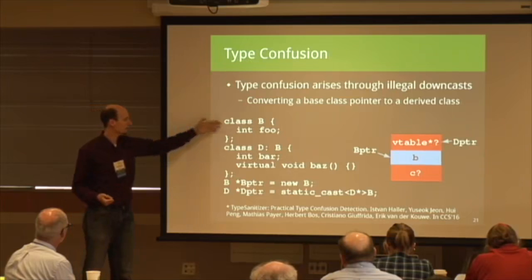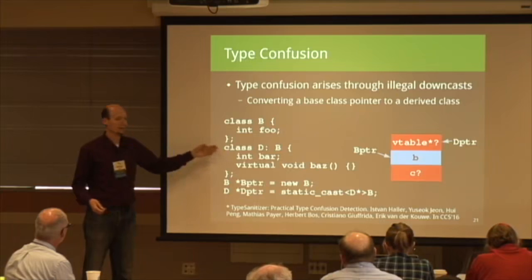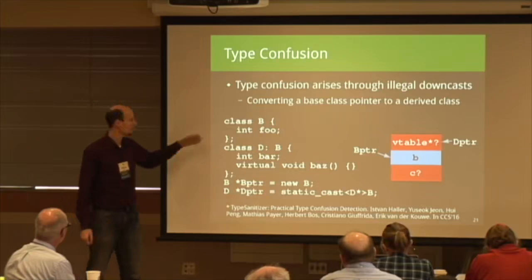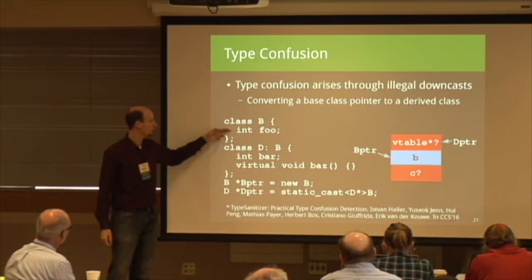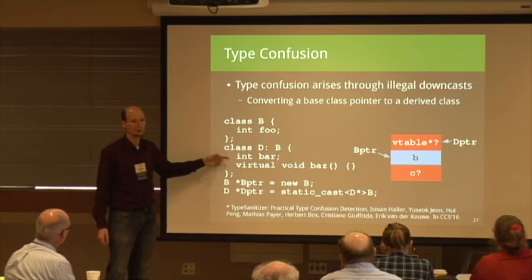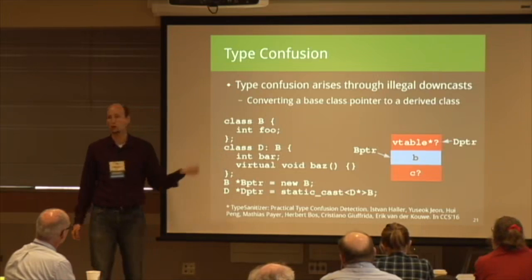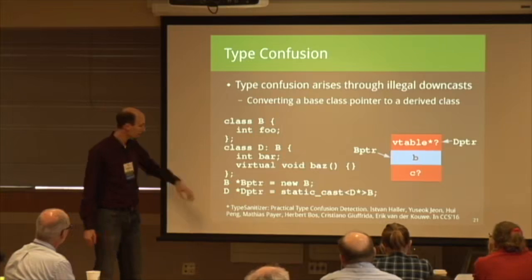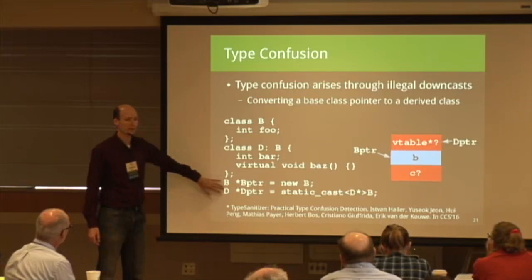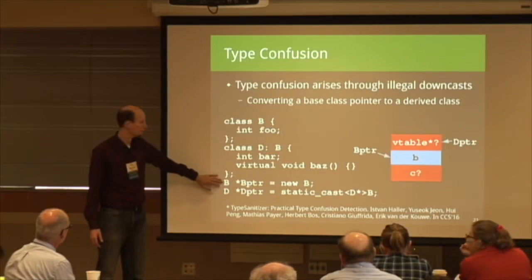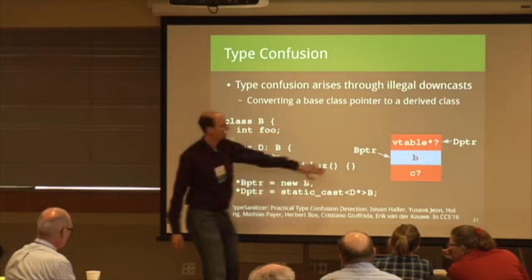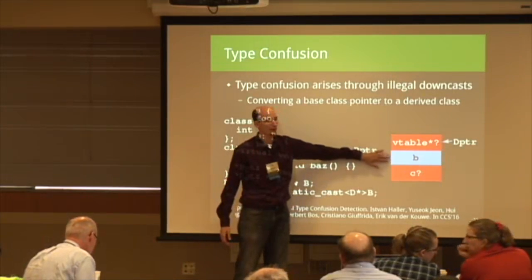We have two classes, class B and class D, whereas D is the derived class of B. So D specializes class B. Class B only has an integer foo, while class D has an additional integer and a virtual call, for example, bar. And the problem that we are seeing is that initially an object of type B has been allocated, which only allocates this small memory area here.